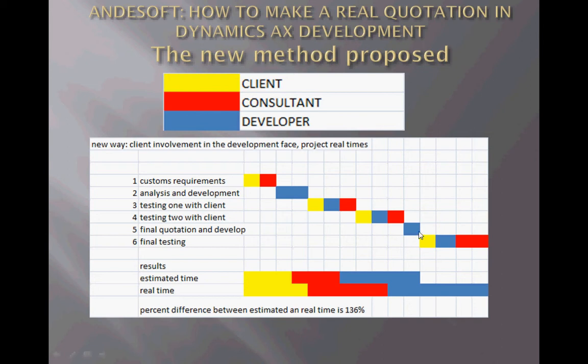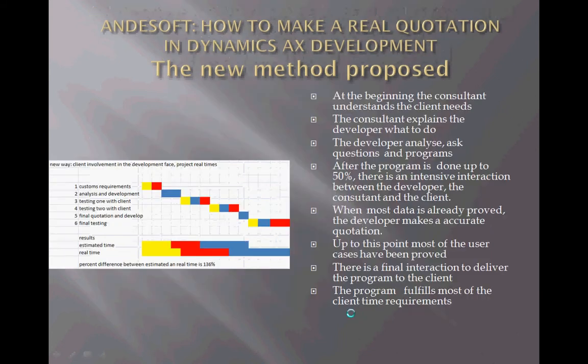When he has this quotation, in number 5, he ends up doing a final testing which works better than before. In this project, the estimated time was about 11 periods, but the real time came to 15, which is just 36% more than we expected.